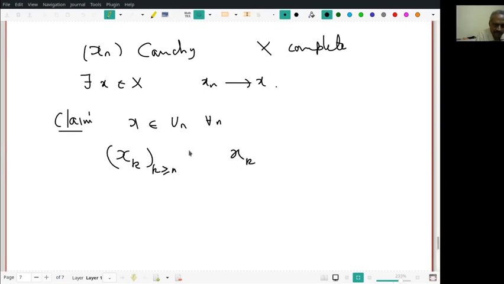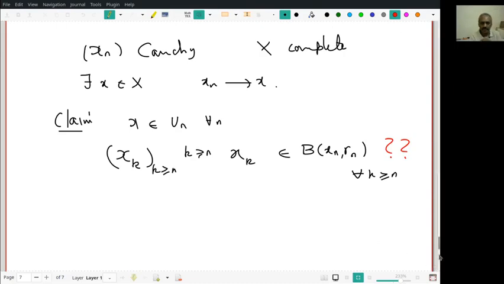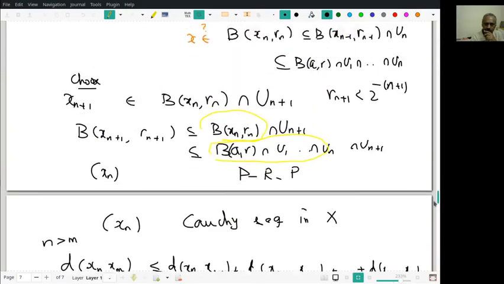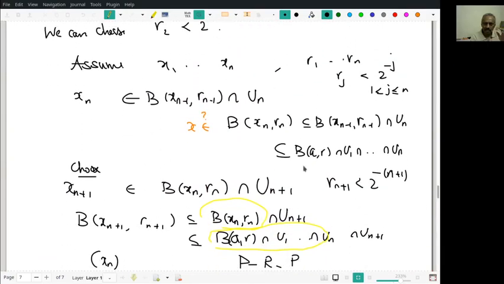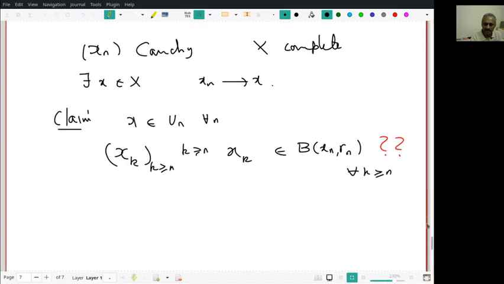Do you see that xk belongs to B(xn, rn) for every k greater than or equal to n? Why does it happen? Again, go back. By our construction, you can see B(x, R) contains B(x1, R1), that contains B(x2, R2), and that contains B(xn, Rn), right?